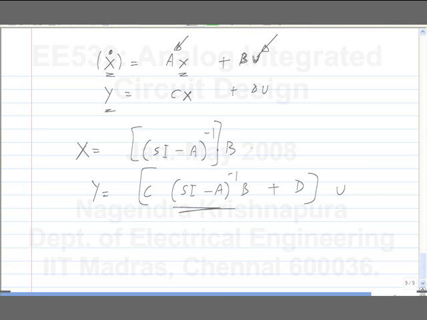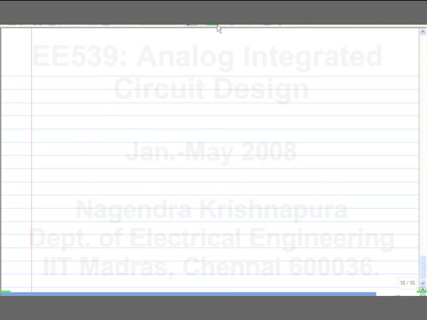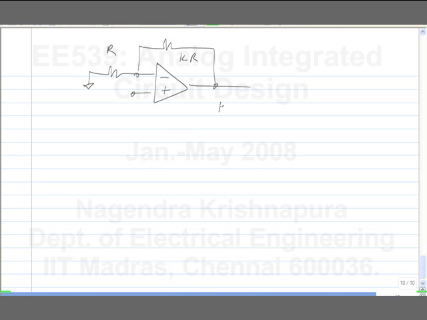So if you take R and KR, this is a classic example, right? You can use it as a non-inverting amplifier of gain K plus 1, or you can use it as an inverting amplifier of gain minus K. In this case the gain is minus K. The poles will be the same.